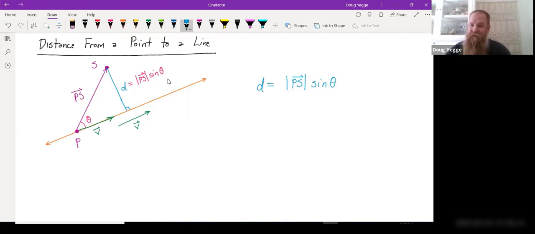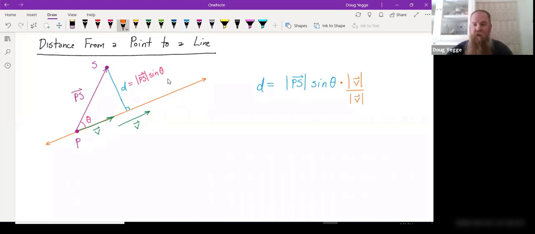Now, that's again kind of a pain, because even though we know how to find an angle between two vectors using the dot product, a lot of times finding that angle is really complicated. It's a lot of algebra and trigonometry to be able to calculate that. We'd rather come up with some other way. And this might seem like a pretty odd thing to do, but what if we were to multiply this by the magnitude of v over the magnitude of v?